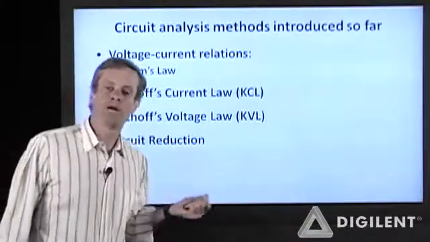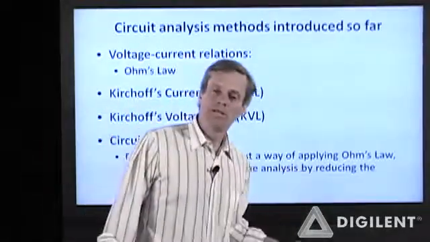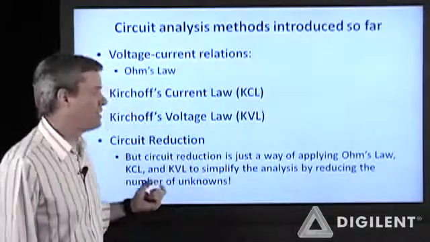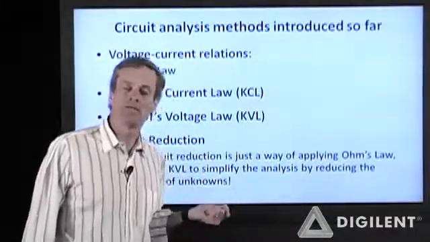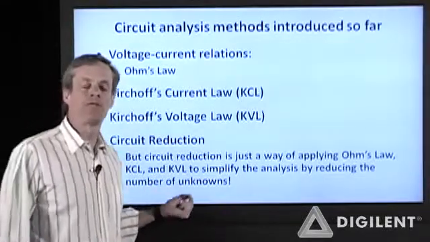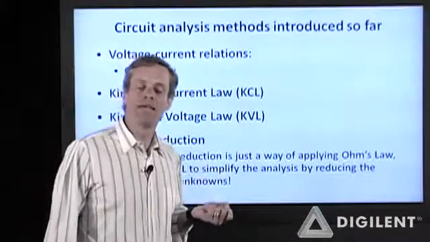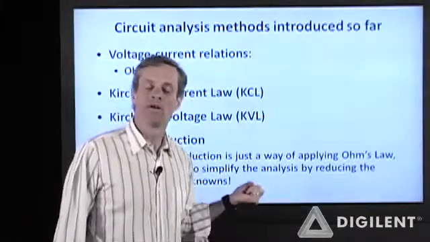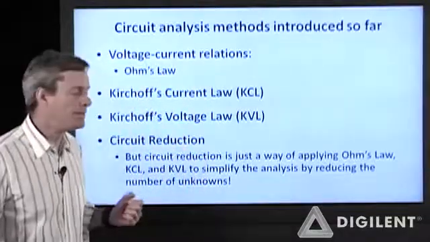For a couple of special cases, parallel circuit elements and series circuit elements, we applied Ohm's law, KVL, and KCL to get a simplification of the circuit by reducing the total number of circuit elements, creating equivalent circuit elements out of multiple other primary circuit elements.